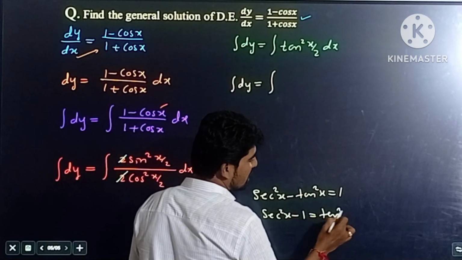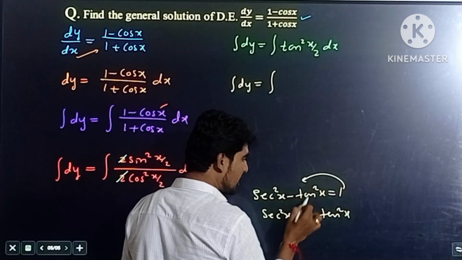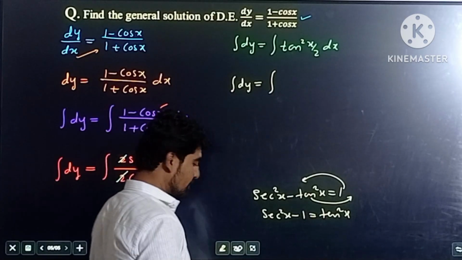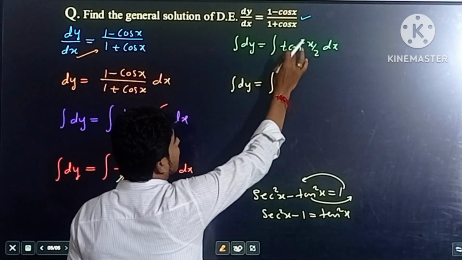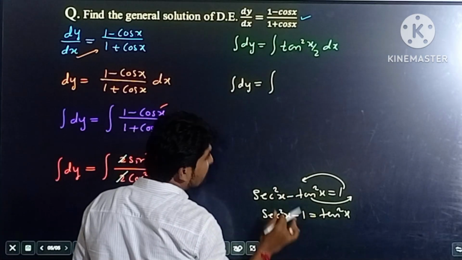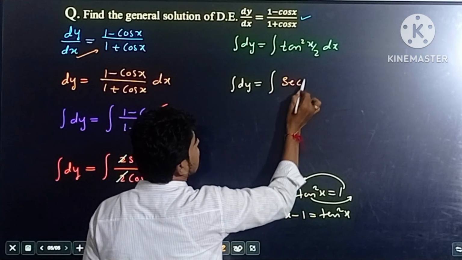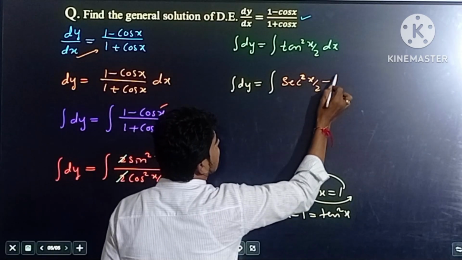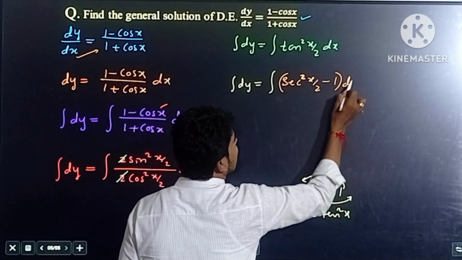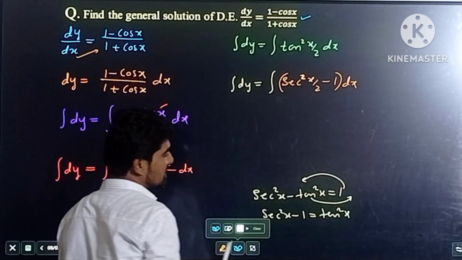Therefore, in this integration, tan square x by 2 can be written as secant square x by 2 minus 1, with respect to x. I hope all of you are understanding.